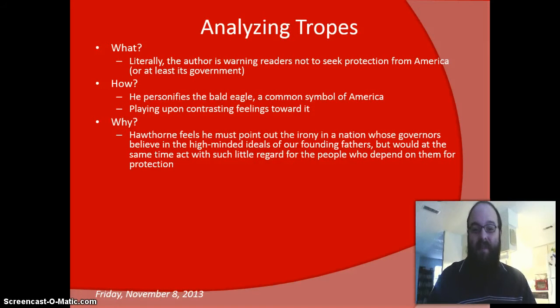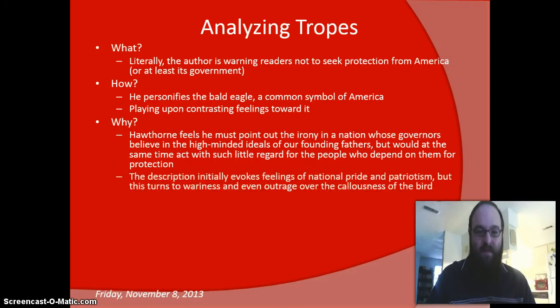And so he's trying to play on our natural feelings toward our nation and point out some key irony about our feelings toward it.